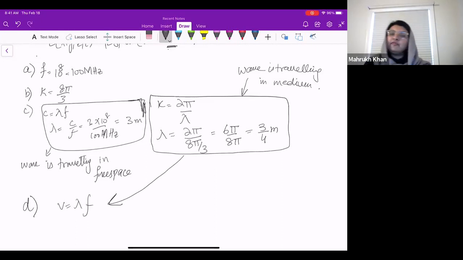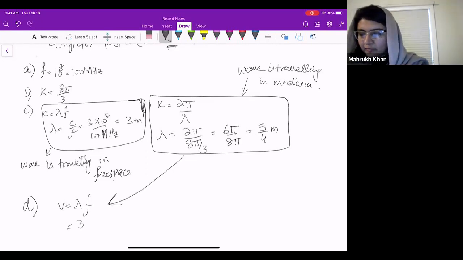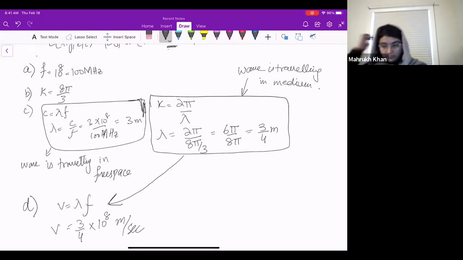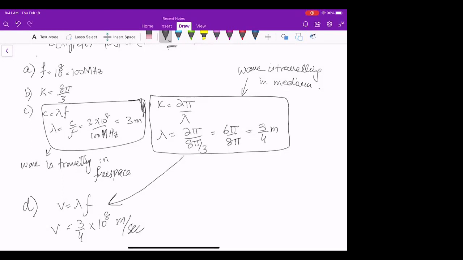Otherwise, if you know it's traveling in free space, you would just say its phase velocity is the speed of light. But right now it's moving in the medium, so 3 by 4 into 10 raised to the power 8 is its phase velocity. Is it fine or is it confusing? No, it makes sense.